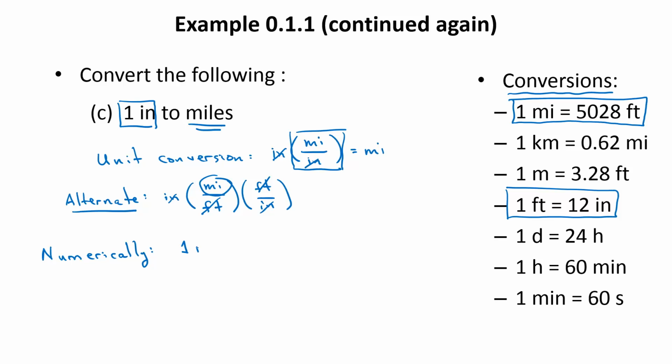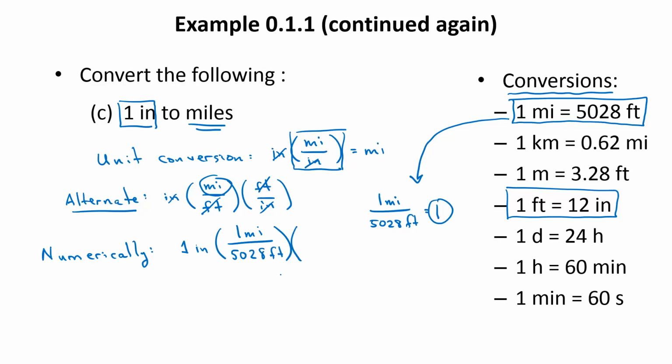Numerically, I have 1 inch. I want to multiply that by miles per feet. From this conversion here, 1 mile over 5,028 feet is equal to 1. I can always multiply by 1, so 1 mile over 5,028 feet. Then multiply by feet per inches.